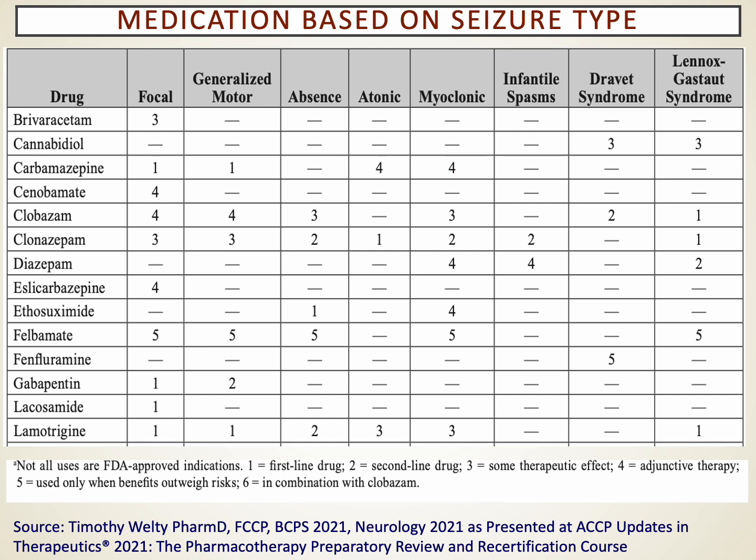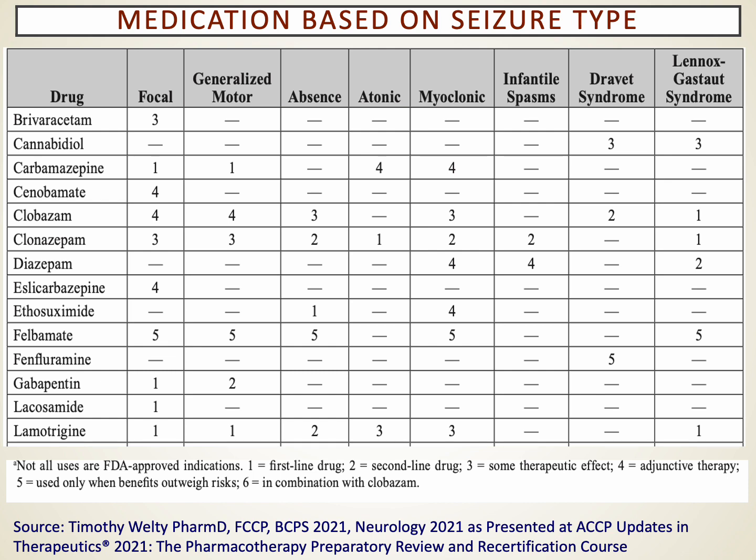This is the first half of a table that looks at different seizure types across the top and different agents down the side, and looks at whether these agents are first, second, third line, adjunctive therapy, or used only in rare circumstances when there's no alternative. So we sometimes would consider adjunctive therapy as add-on therapy, or therapy that would be considered in refractory cases as well.